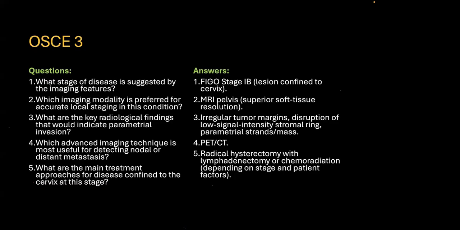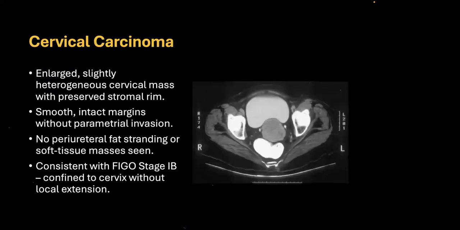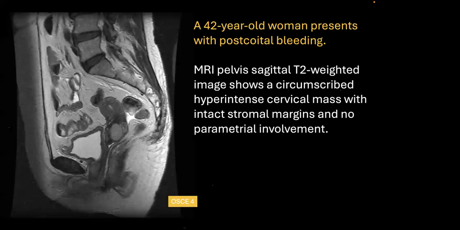And what is the advanced imaging technique most useful for distant metastasis? It is PET. And the main treatment approaches for the disease are radical hysterectomy with lymphadenectomy and chemoradiation depending on the stage. So it was cervical carcinoma stage 1B, FIGO staging.